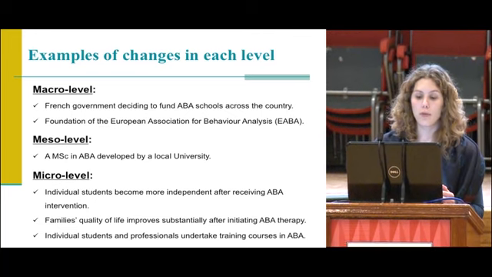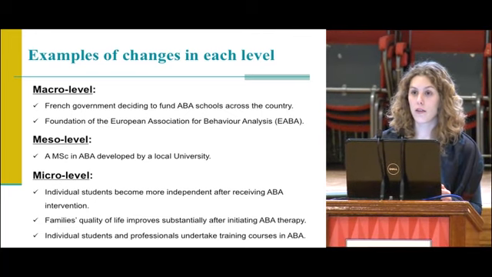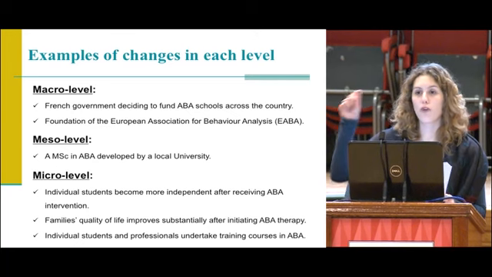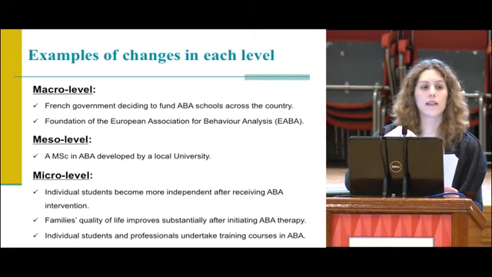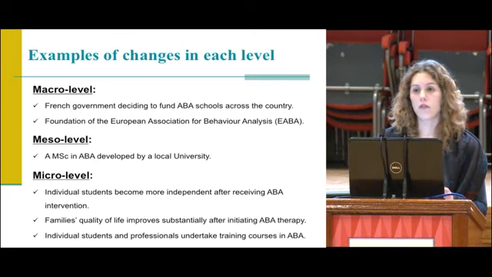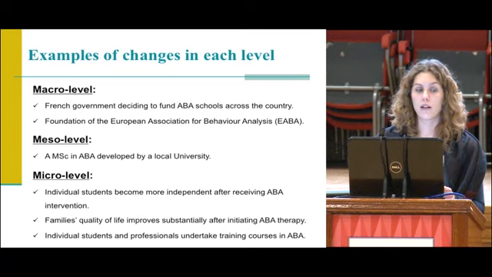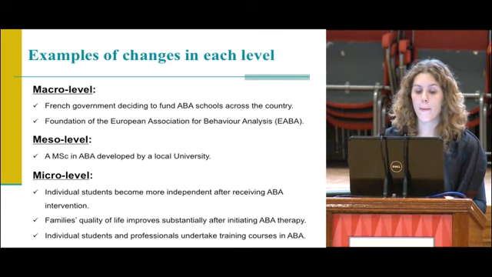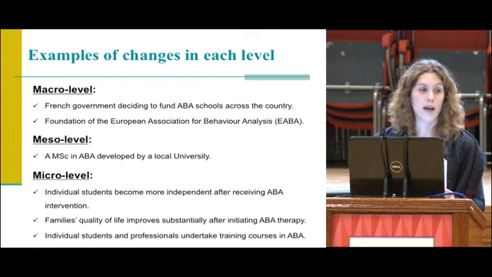The foundation of the European Association for Behaviour Analysis, this was also a change on the top of the pyramid because it affected hundreds of professionals in the entire Europe, and it offered training opportunities, like, for example, conferences in several European countries.